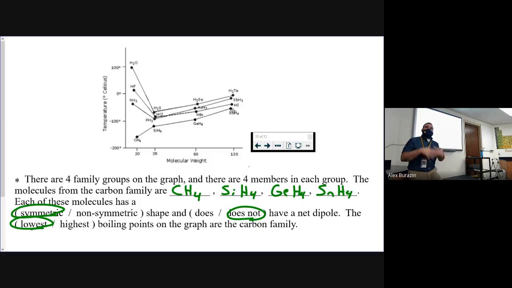They're all tetrahedral. They're all nonpolar. What's changing? We got more stuff. That's all. There's more mass. There's more electrons. They're more polarizable. And the London dispersion forces are bigger, stronger. Still only London dispersion forces, but they're stronger, and you get a higher boiling point as you go left to right. Okay?